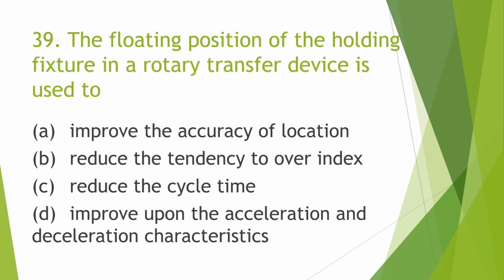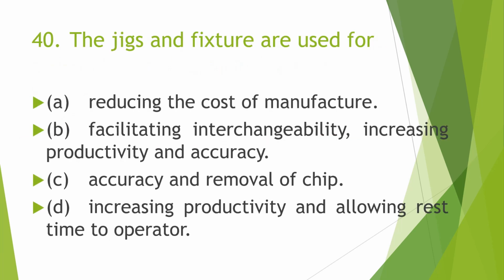Question number 39. The floating position of the holding fixture in a rotary transfer device is used to improve the accuracy of location. Question number 40. The jigs and fixtures are used for: Option A, reducing the cost of manufacture.